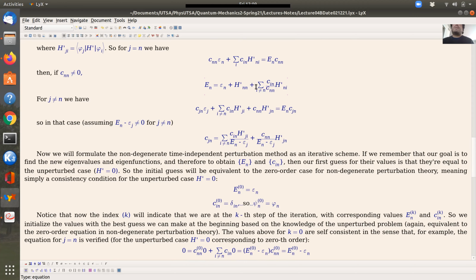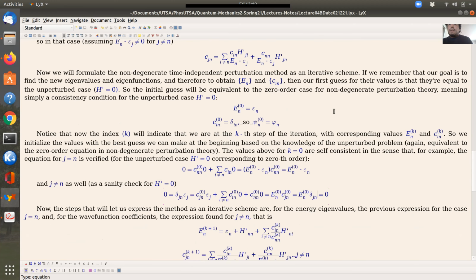And remember that usually the corrections to the energies come from, in the non-degenerate case, from taking the inner product with the same state that you're taking care of. So that's why you have the case j equal to n in here. So I'm going to use this formula. It's just that I'm going to use it as an iterative scheme.